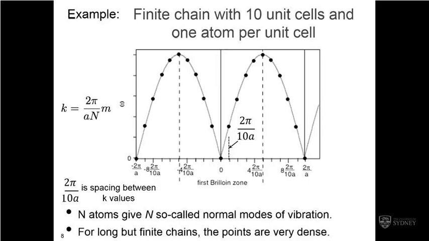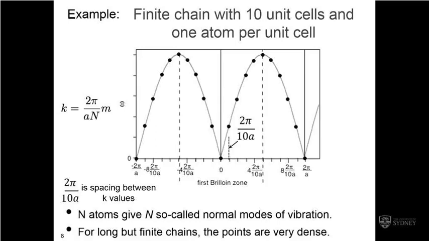Because we have N equals 10, the spacing of the k points is 2 pi over 10a. So each of these little spacings where the k points are is 2 pi over 10a. For this system that's only got 10 atoms in the chain, we can just plot the points here. A line has just been drawn to guide the eye.